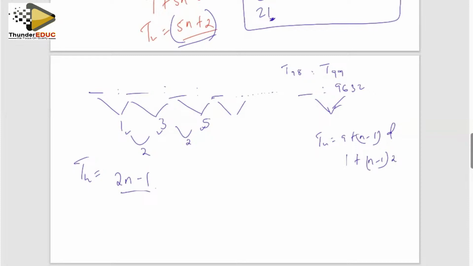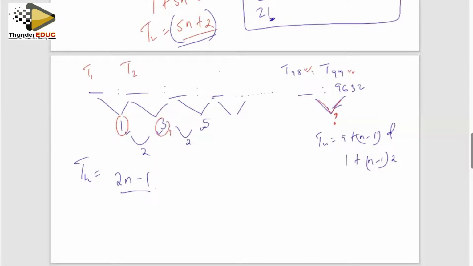Now, what you need to note is we need to find the position of the difference between T98 and T99. What position is this first difference? The first term is between T1 and T2.